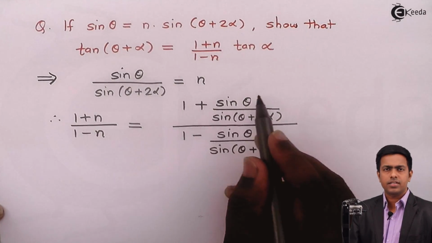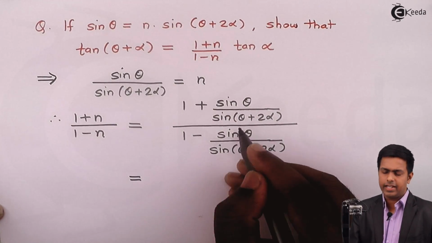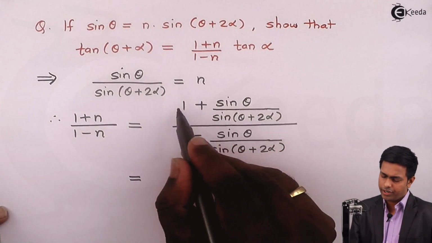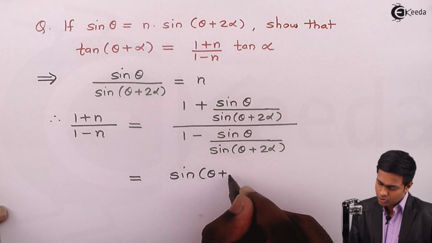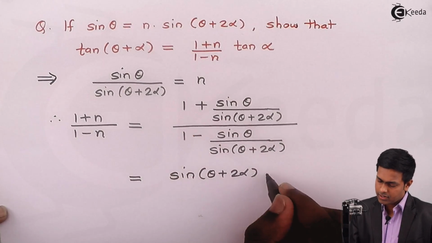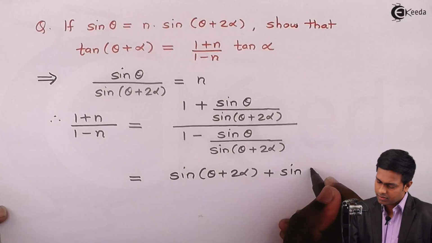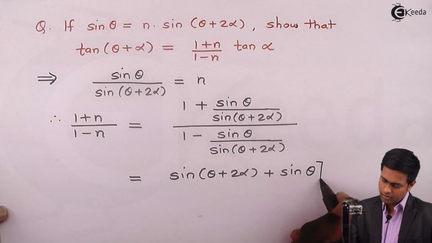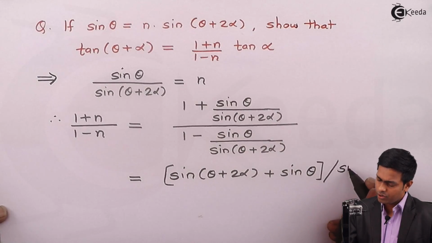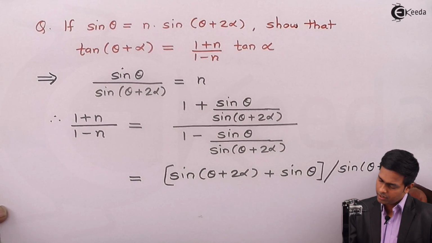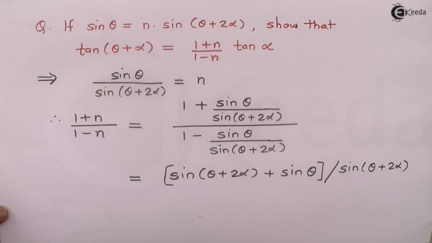Now let's solve this. First of all we'll take LCM. So here we will get 1 into this sin term will be sin theta plus 2 alpha plus sin theta. In the denominator we will get sin of theta plus 2 alpha.